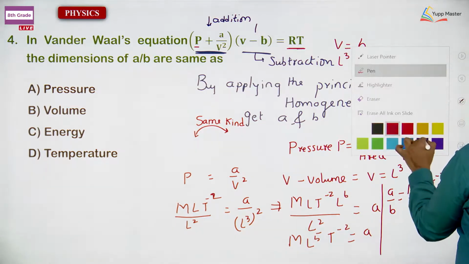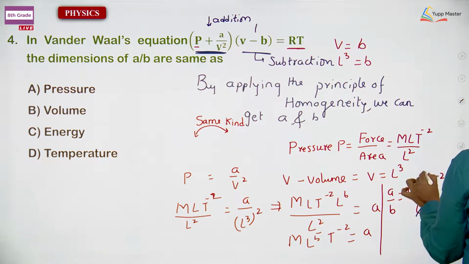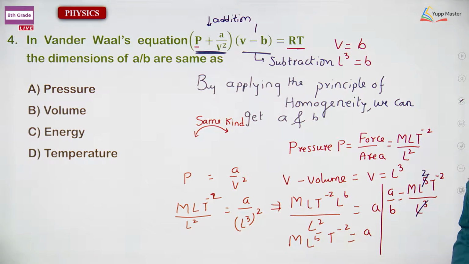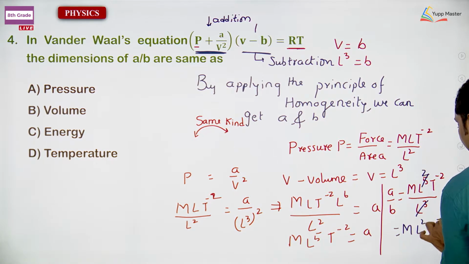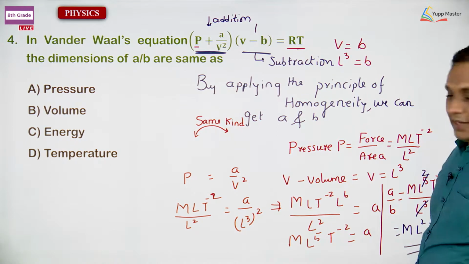Now, you are getting cancellation, so that is equal to m L square T minus 2. You are getting the final answer.